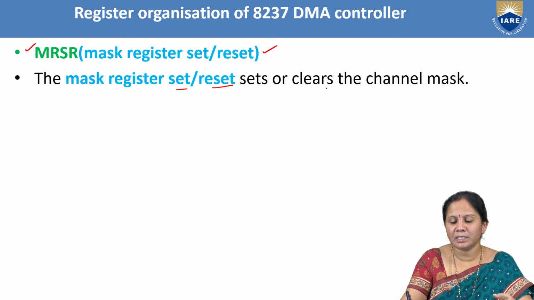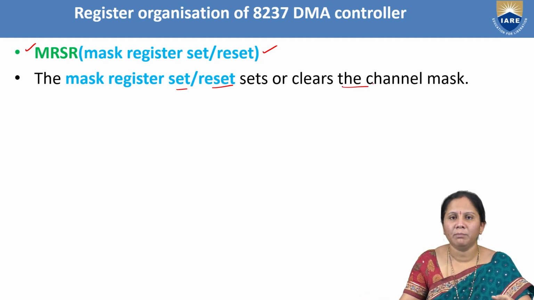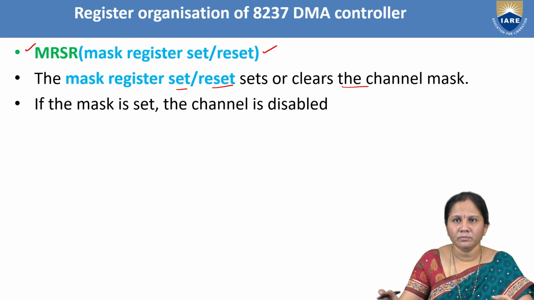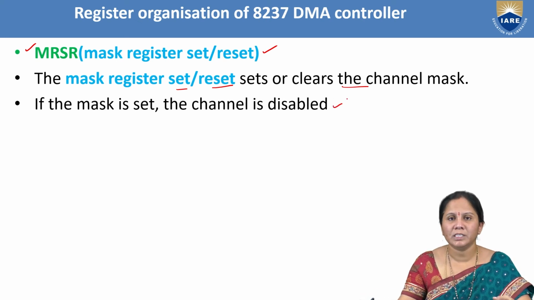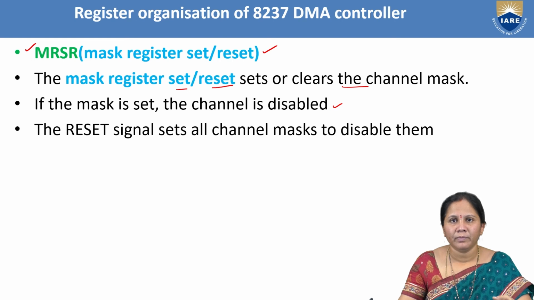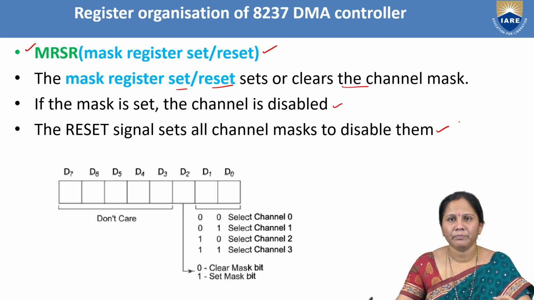So the mask register, set, reset, sets or clears the channel mask. So if the mask bit is set, the channel will be disabled. So the reset signal sets all the channel masks to disable them.